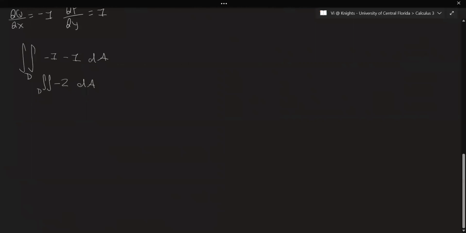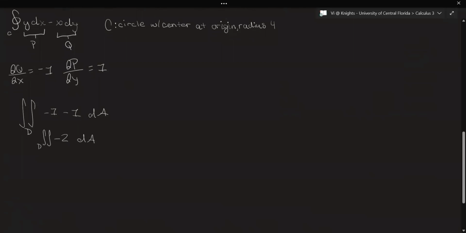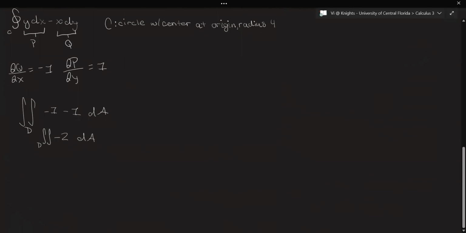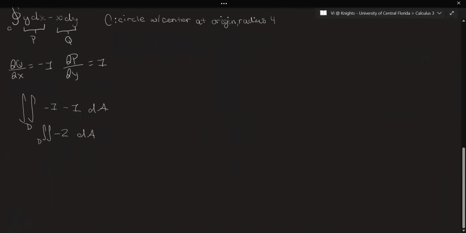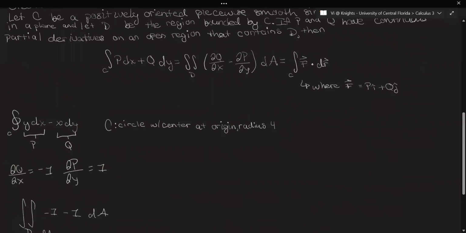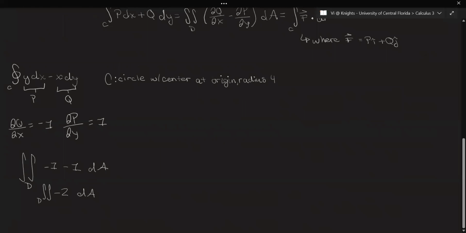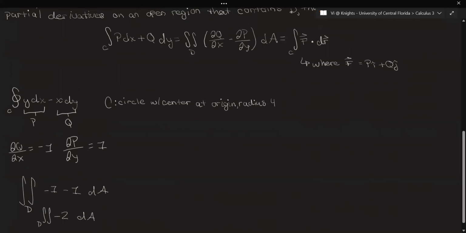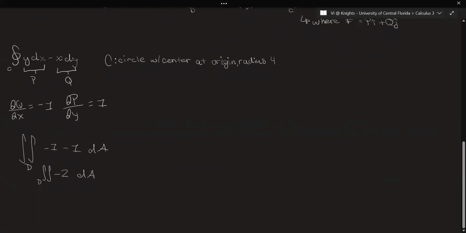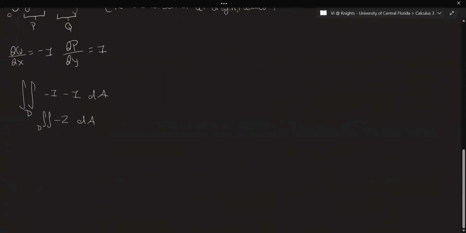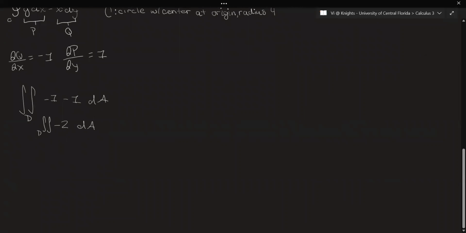Okay, so now let's go ahead and find the bounds for this and parameterize this. Since it is a circle, we can do the same thing. The only difference now is that you're going to do a double integral for Green's theorem to take into account the radius and the rotation. So we know our radius is 4.